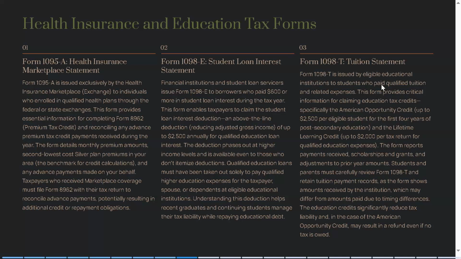So the government is paying monies on your behalf for you having this insurance through the marketplace. So if your income is over a certain level, you may have to pay some of that credit back. If your income is below a certain level, you may get an additional credit. So the 1095-A, if people have that, we have to have the form for that.